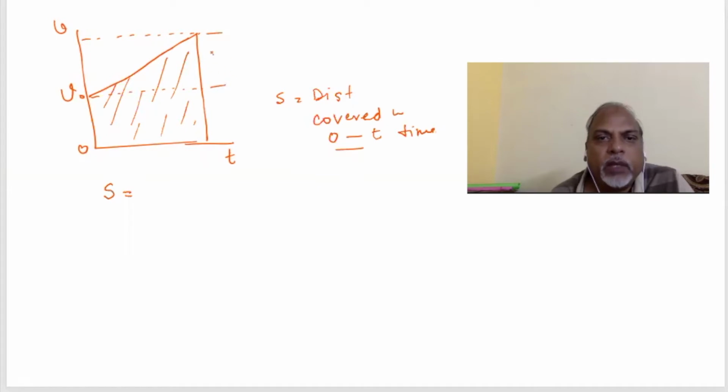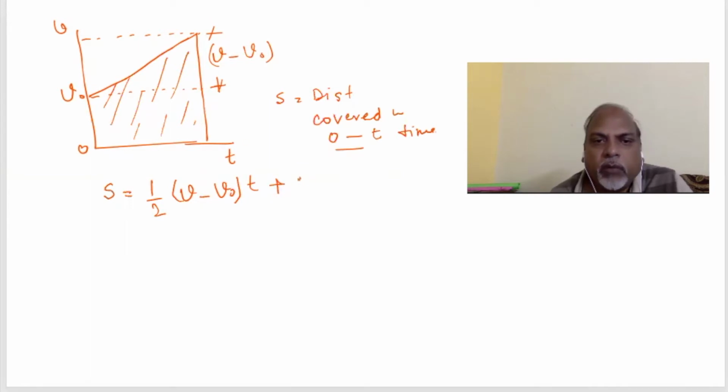So what is this? This is nothing but v minus v0. So the area of this triangle is half of v minus v0 into t, plus the area of this rectangle, v0 into t.